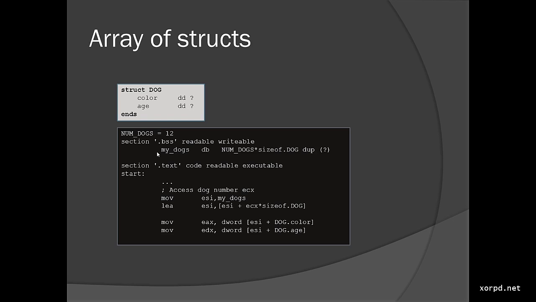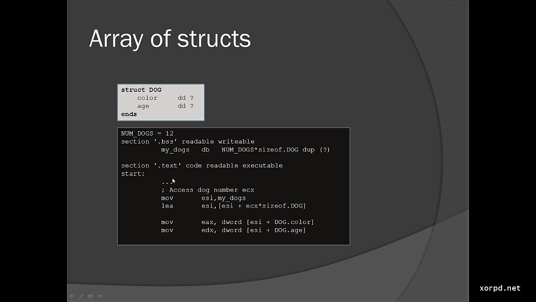Let's look, for example, how can we access dog number ECX. Let's assume, for example, that some code initially filled in the myDogs structure, because we can see here that it was defined in the BSS section, which means that it is uninitialized.